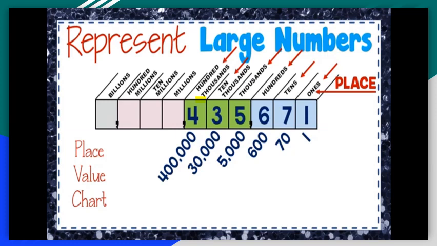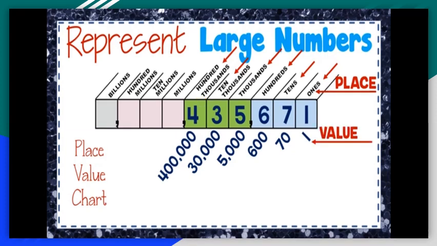So now based on each digit's place and value, this can be read as 435,671.